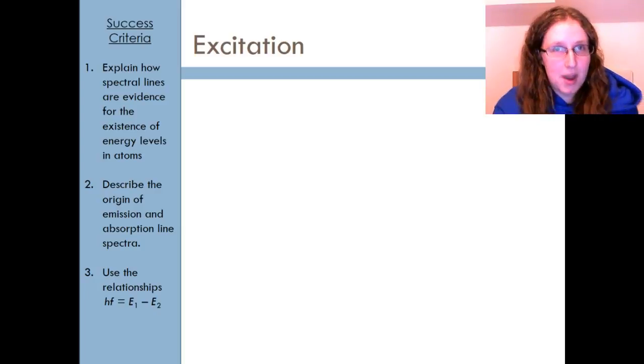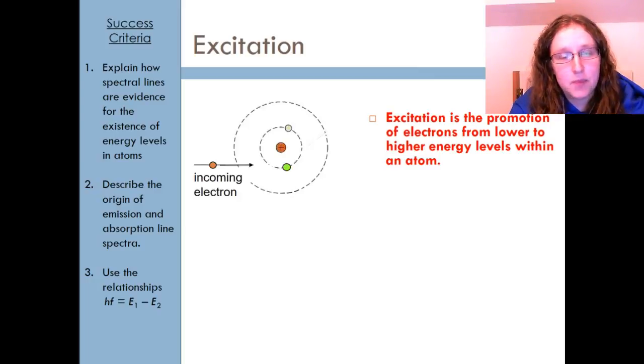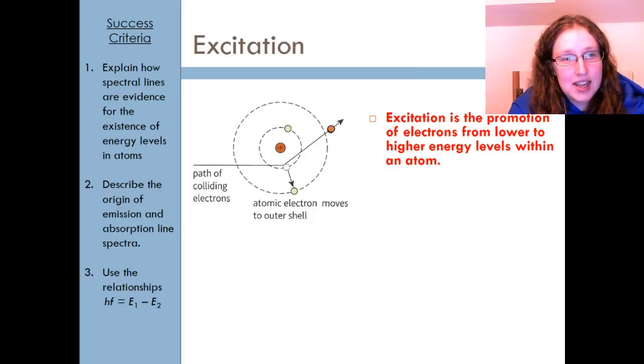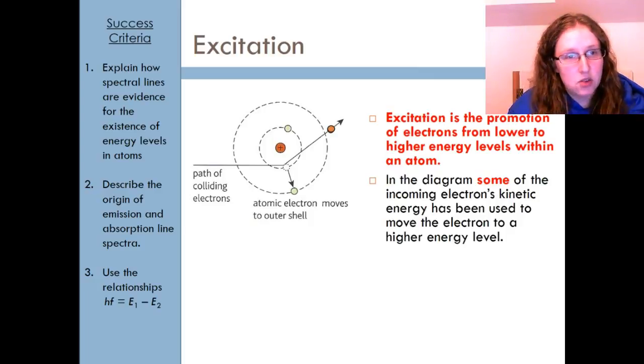The other thing we need to know about is something called excitation. Now, excitation is the promotion of electrons from lower to higher energy levels within an atom. So in this instance, I've got an atom, I've got an incoming electron again, it hits one of the orbital electrons, but instead of completely removing it, it simply elevates the electron to a higher shell, a shell that is further away, so a higher energy level.